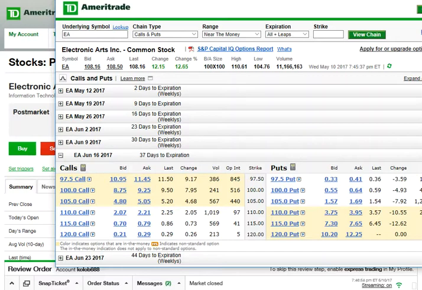So again, there is another really good example on how to buy and sell call options and how call options give you leverage. Instead of making that $1,300 on a $10,000 investment, you're making $1,300 on a $500 investment.